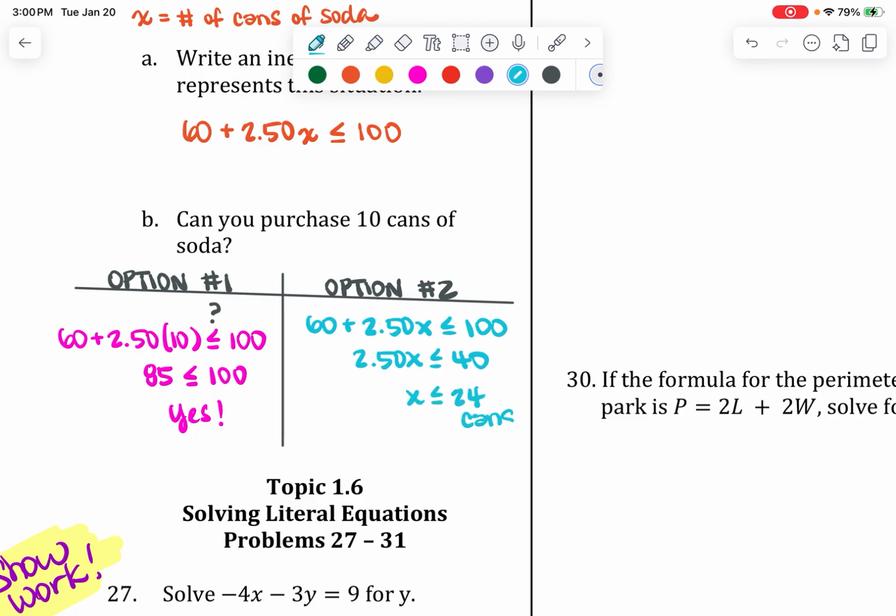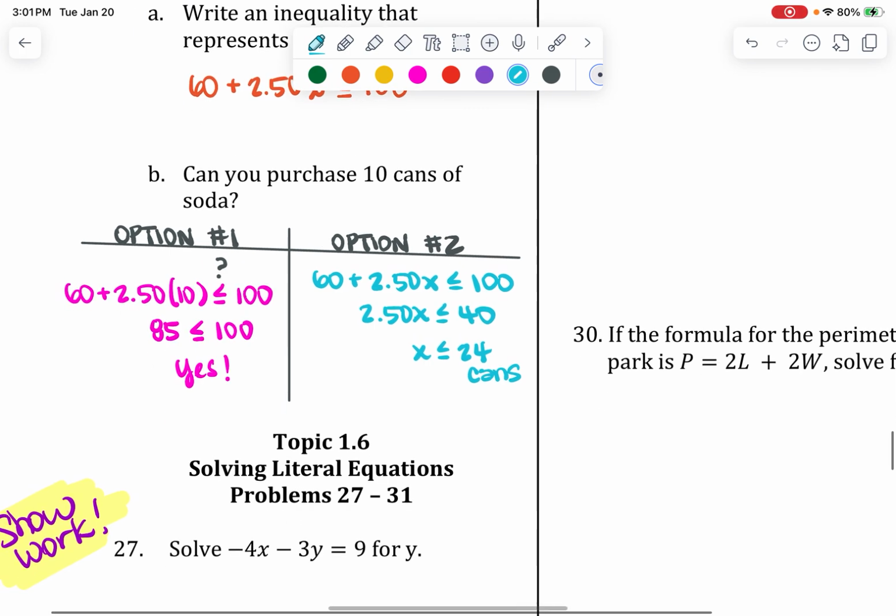I'm just going to put cans, which basically means you can afford to buy any number of cans that is less than or equal to that. And 10 cans is certainly within that range. So 2 totally different ways to approach that question. I would take any of those on your test tomorrow.